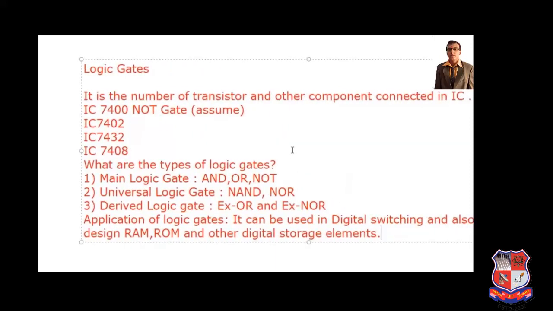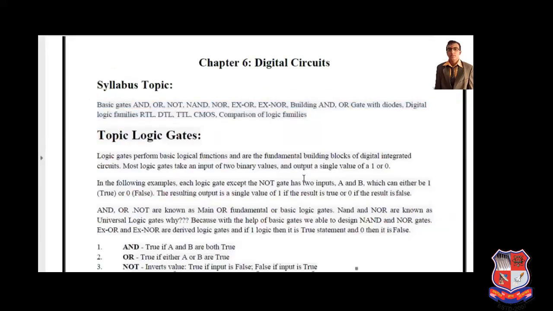Logic gates perform the basic logical function and are the fundamental building blocks. What is the input of a logic gate? Either 0 or 1 can be considered as the input of a logic gate, and it can operate with digital signals only.